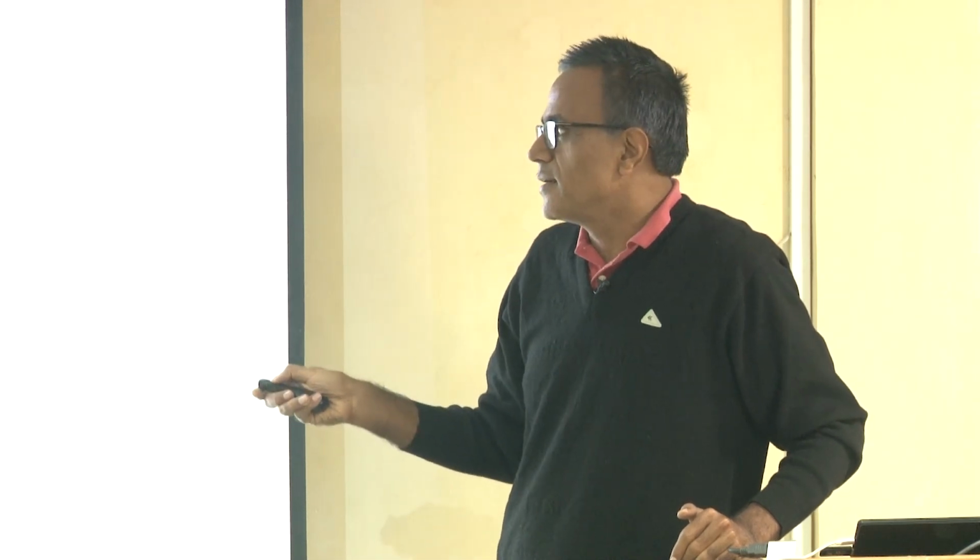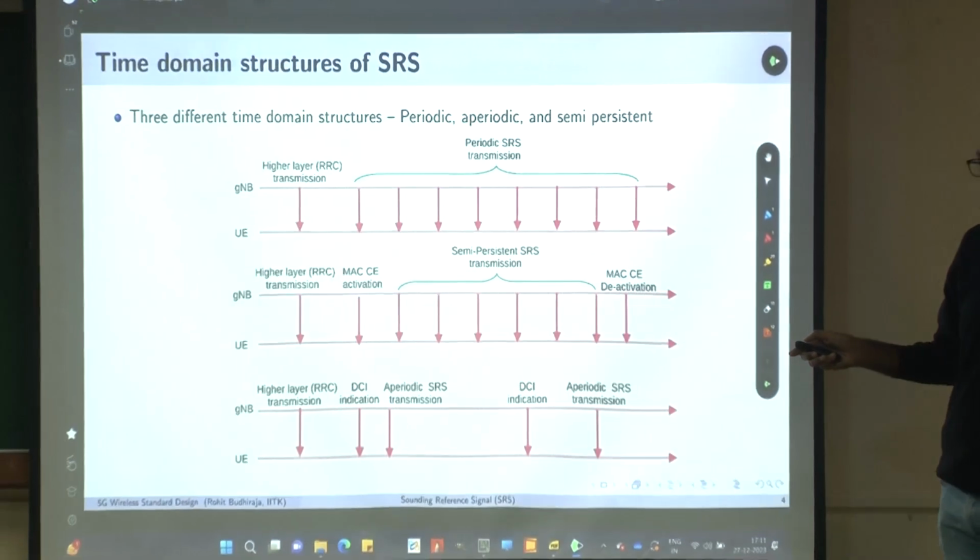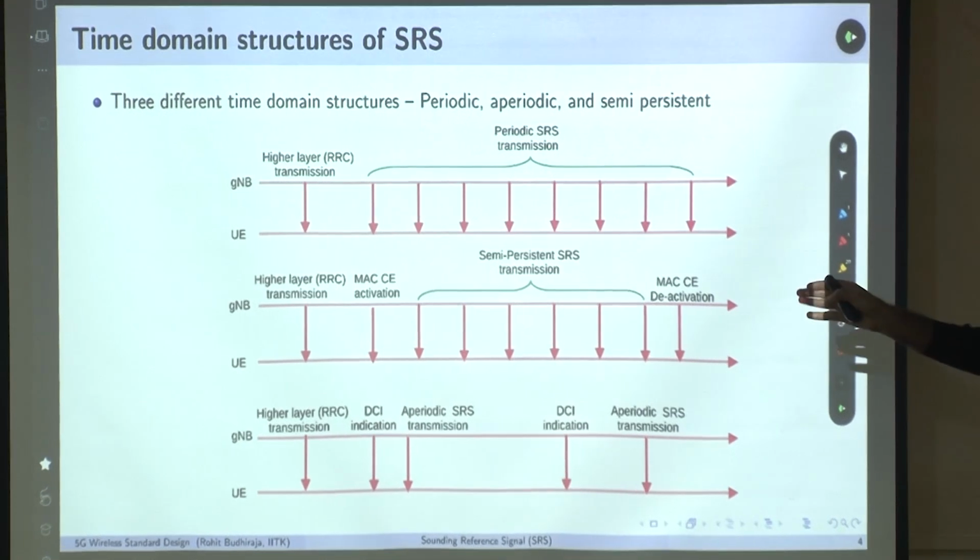Because this has to happen for a very long time, MAC doesn't get into the picture, neither does the physical layer. So it is basically the urgency of the SRS, or the urgency of the channel information, based on which these three different kinds of SRS transmissions are configured. This is very urgent, this is something in between, and this one is going on continuously, so the message exchange to configure it is very little.